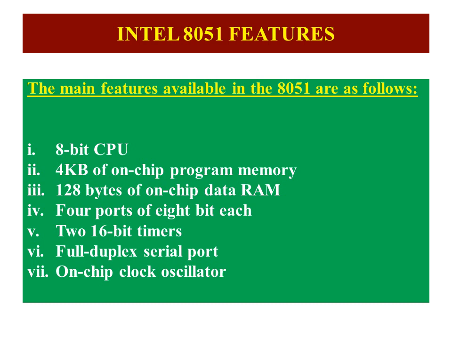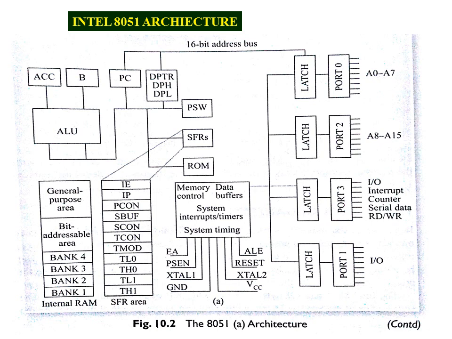Now we will see the architecture of the 8051 microcontroller. Observe, it's like a processor, but with on-board memory having RAM, on-board memory having ROM, and on-board input output ports to access input and output data.